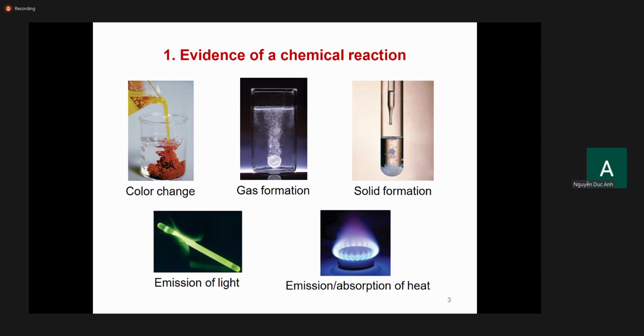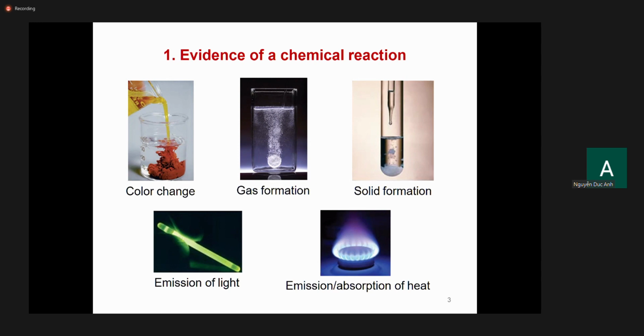But in the case of a chemical reaction, you will see the changing of the molecule. When the molecule changes, it means that you will get a new kind of matter or new kind of material.